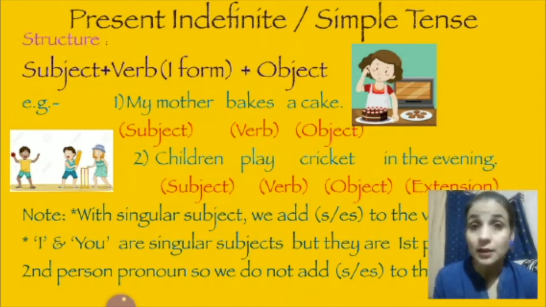Now a doubt arises: I and you are singular subjects, but I and you are the first and second person pronouns, so we don't use S or ES. S or ES is used with the third person pronoun or the singular noun.